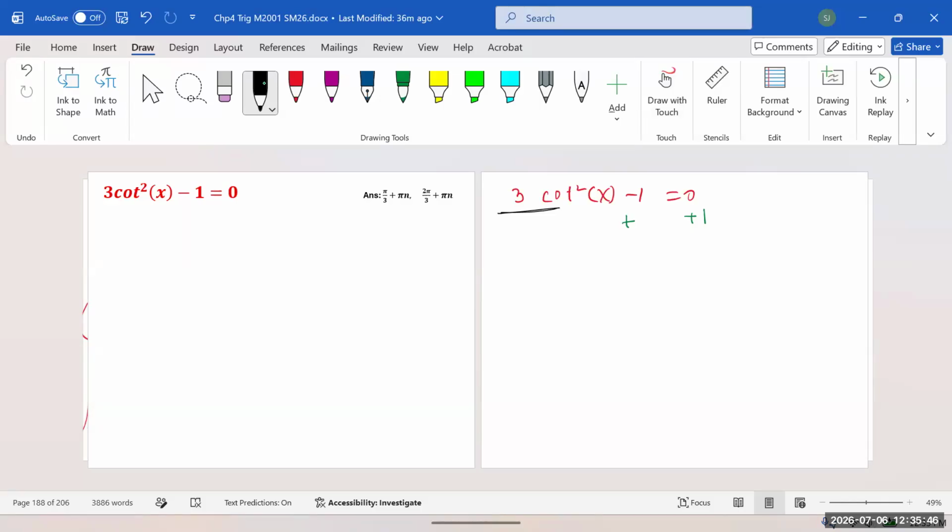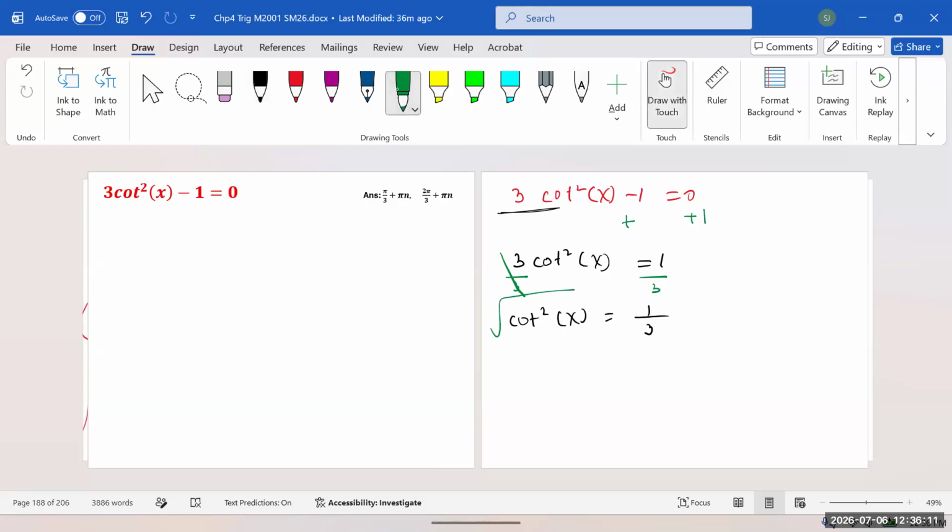The identity is only for 1 cotangent. So we have 3 cotangent square x equals 1. Divide by 3, divide by 3. So we have cotangent square x is 1/3.